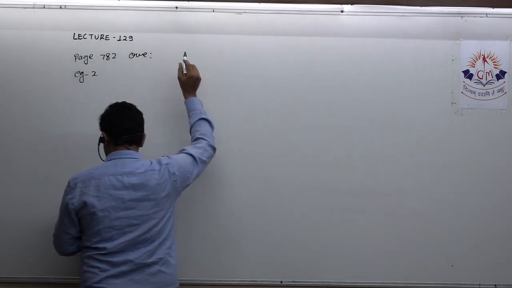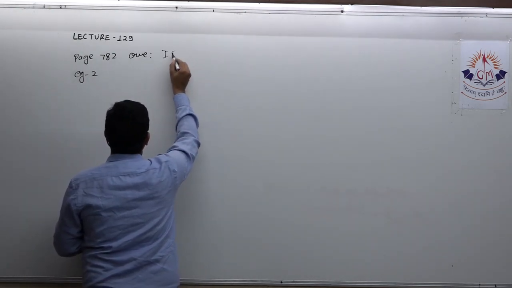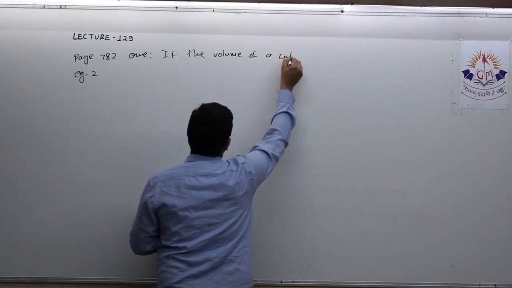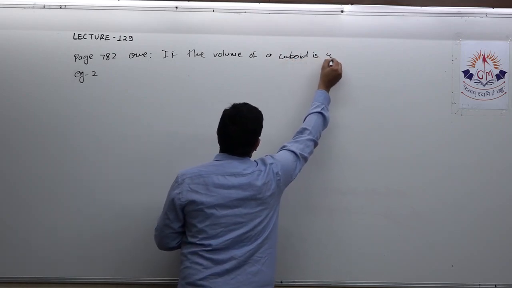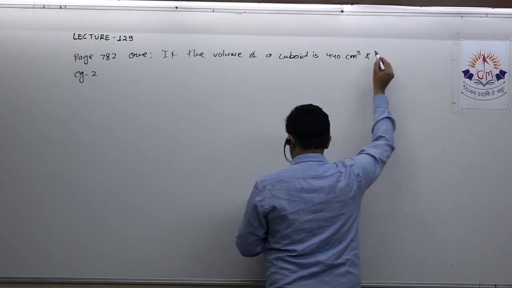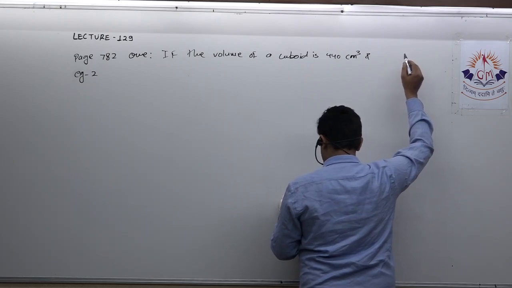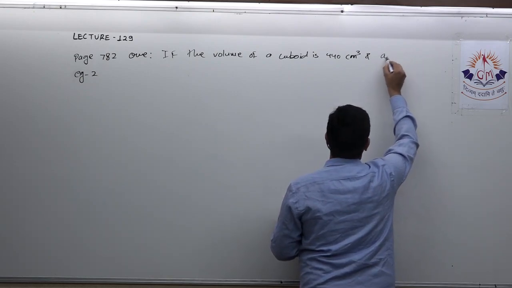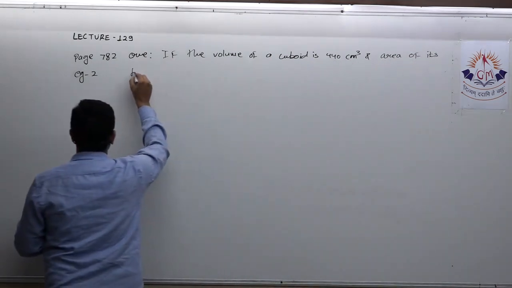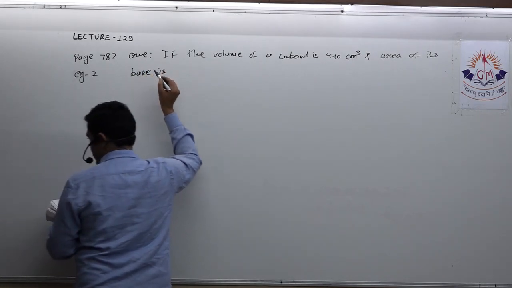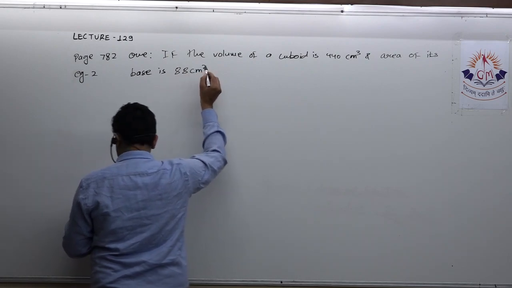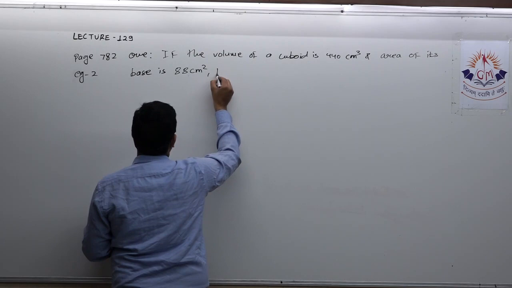If the volume of a cuboid is 440 centimeter cube and the area of its base is 88 centimeters square, then find the height of the cuboid.